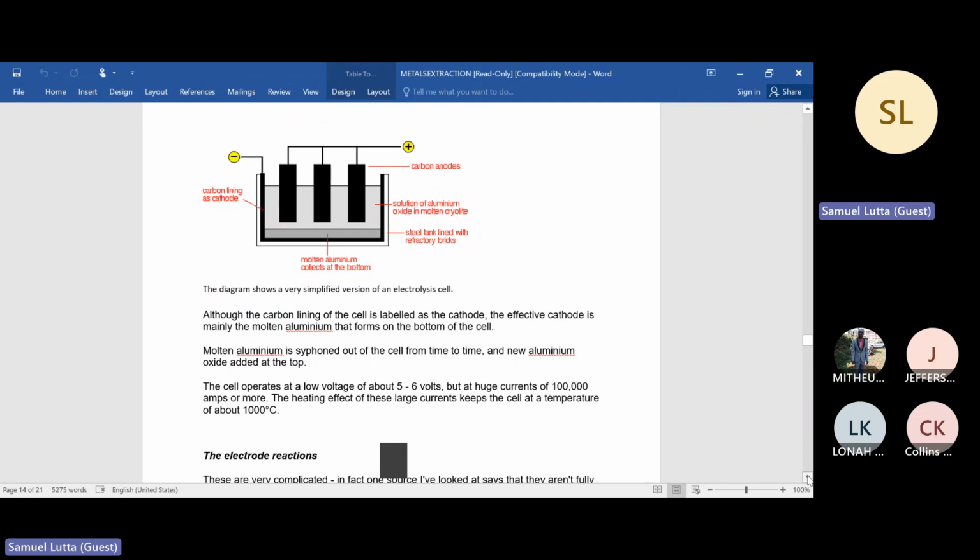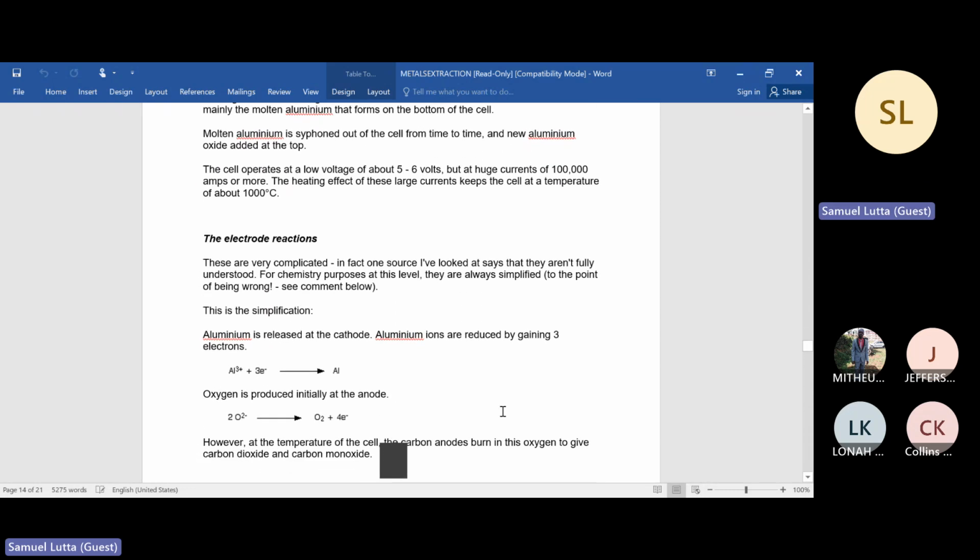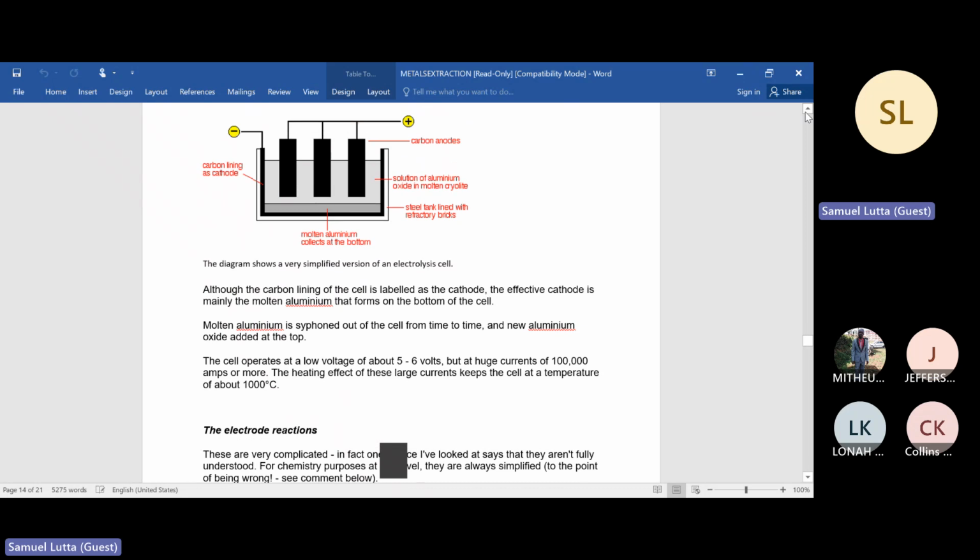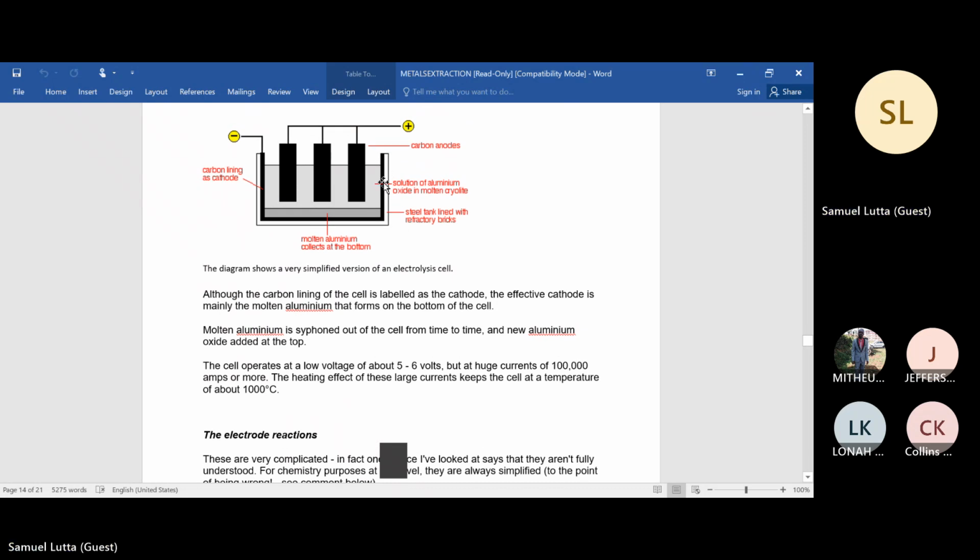When it goes to the cathode, it will receive electrons and form solid aluminum. So the aluminum ion will form aluminum, which will get deposited on the side of the vessel.